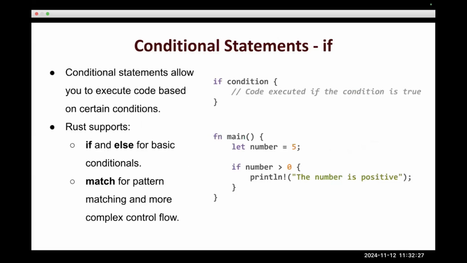Again, this is almost identical to C, C++, and Python, not much to talk about: if, else, and else if. It works just like a regular if condition. Not like C, you don't have parentheses for your condition. You just put the expression to evaluate your condition directly after if. You don't need parentheses. But whatever code needs to be executed needs to be put into curly braces.